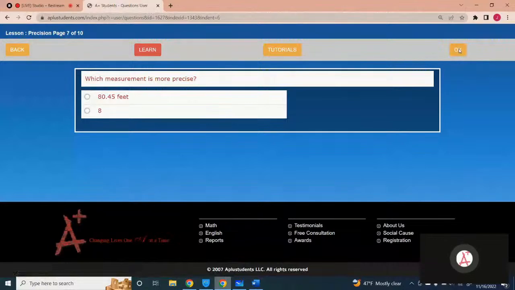Which measurement is more precise? It would be 80.45 feet. Got it? Just select the correct option and then click on the OK button.